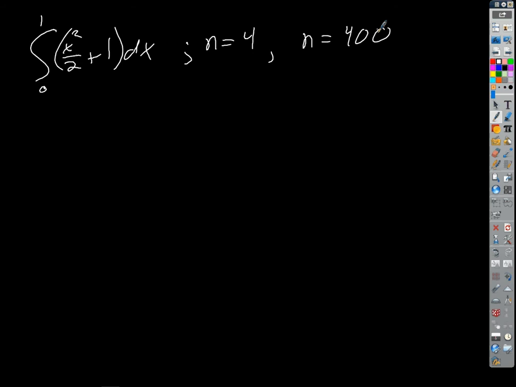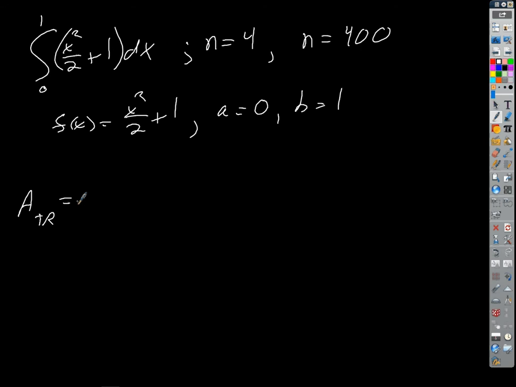We'll try 4 trapezoids and we'll try 400 trapezoids. So what's the trapezoidal rule going to be here? What's f of x? You know that, right? What are a and b? 0 and 1, right?